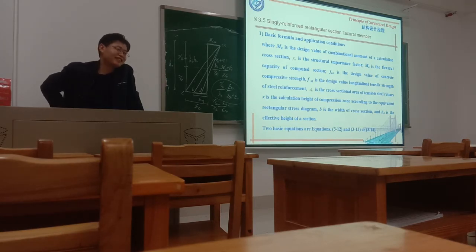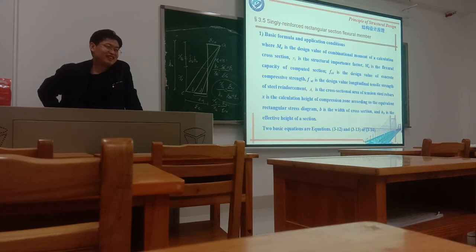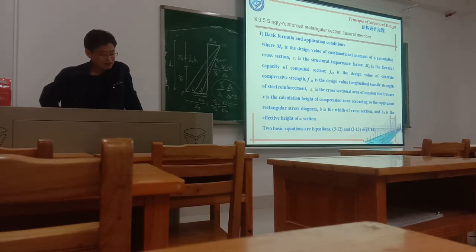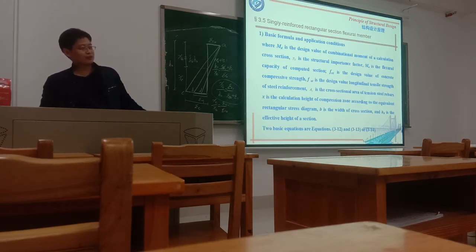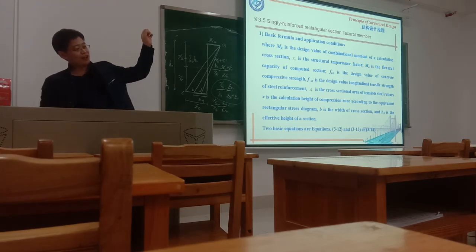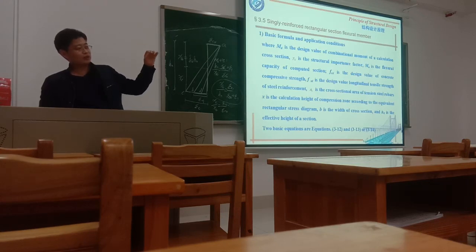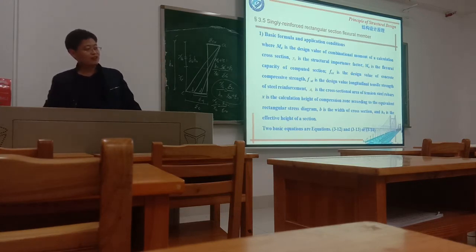The value. We have divided structures into three grades. Very important is 1.1. Important is 1.0. The normal structure is 0.9. This is the structure importance factor gamma 0.